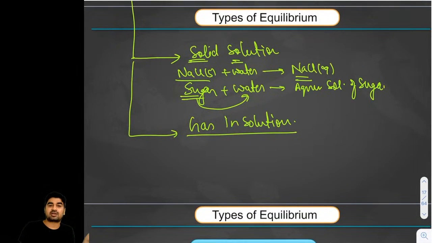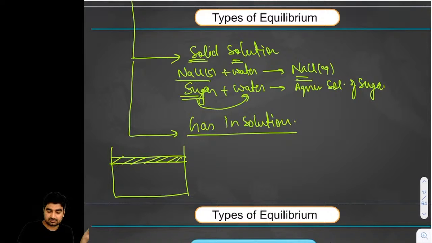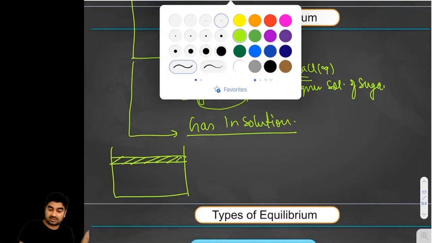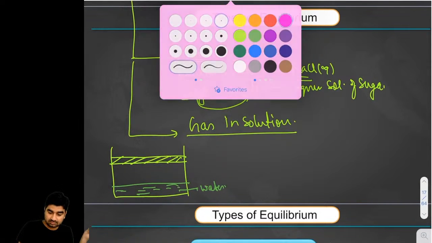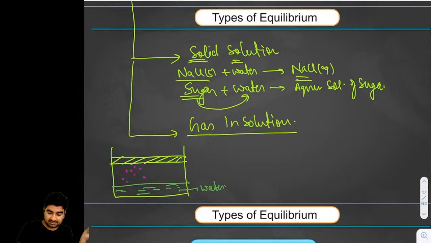So guys, gas in liquid solution, what will happen? Now I'm telling you. This is a piston, guys. And here I'm taking the water. Suppose some gas particles are here, and suppose I'm taking O2 gas.